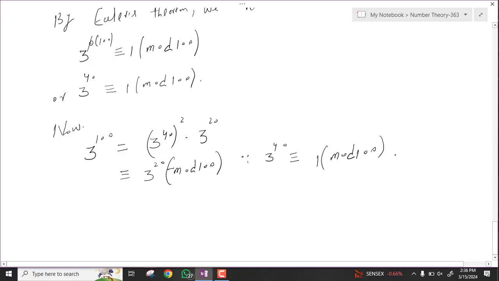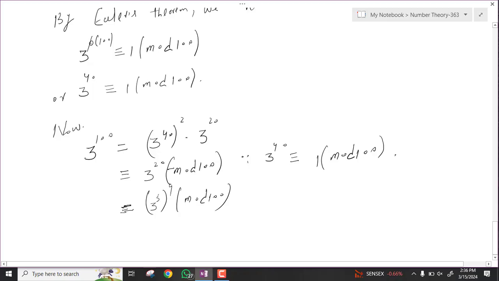Now we see 3 power 20. I will write this as 3 power 5 into 4 modulo 100.